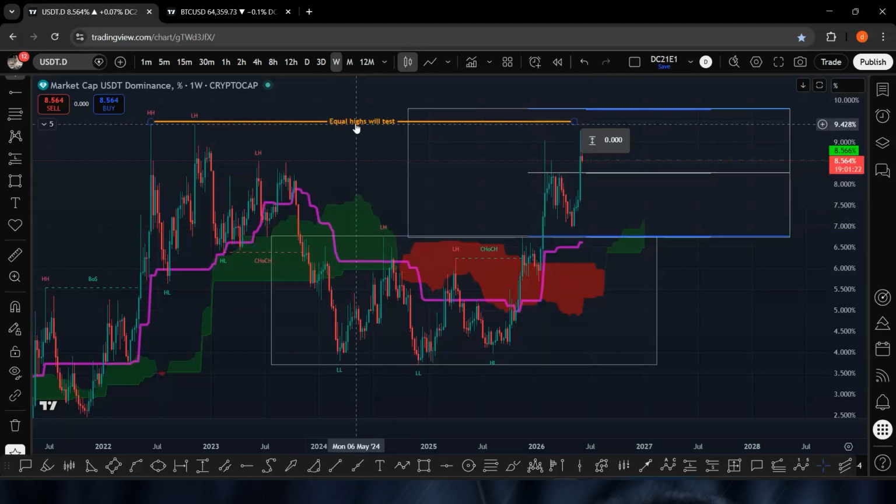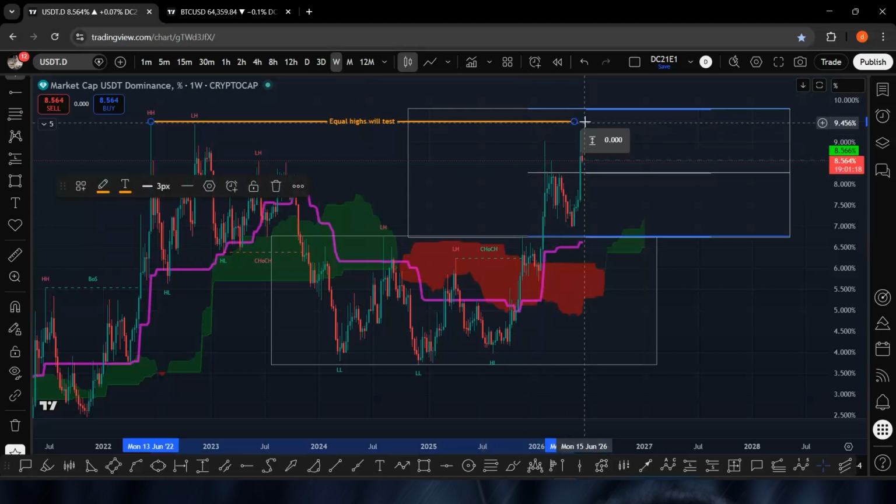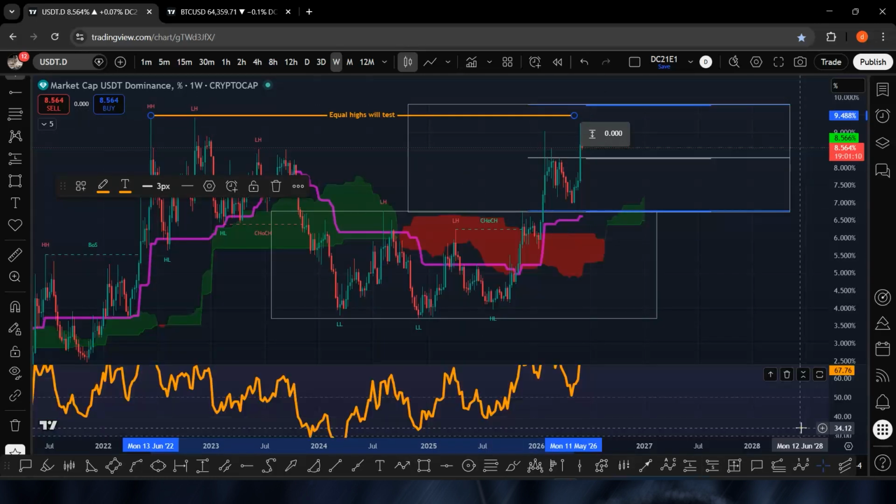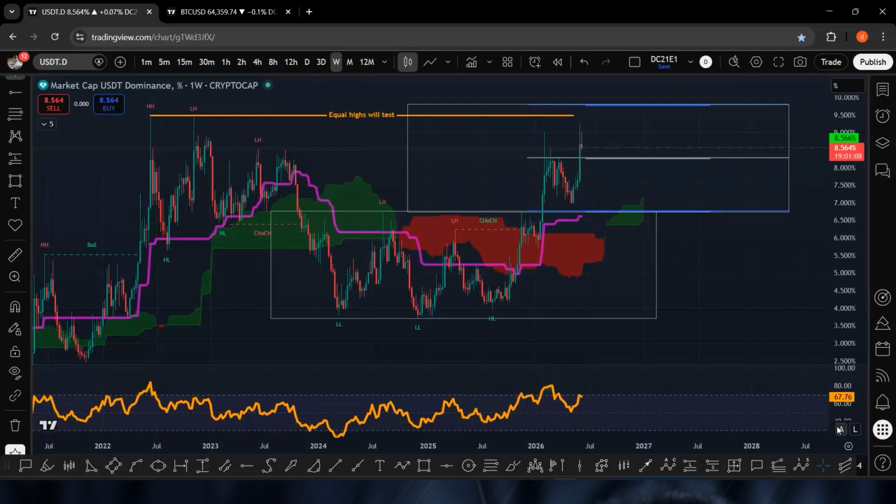The equal highs waiting to be hunted are these levels, which are pretty close to the top edge of this. And if you check the RSI, the good news is on a weekly time frame we didn't go up to test above the 70%. That's good news so far.